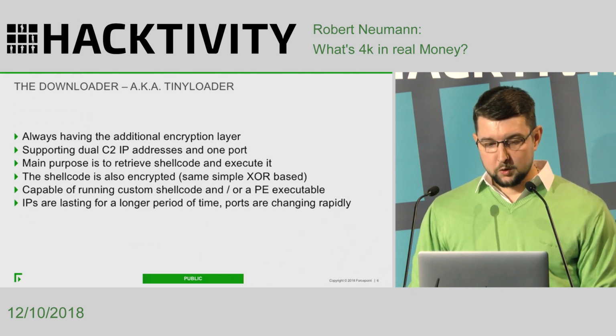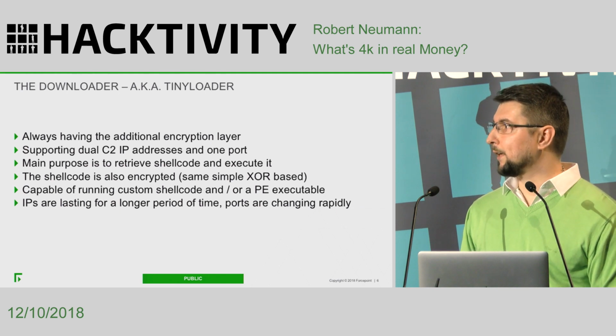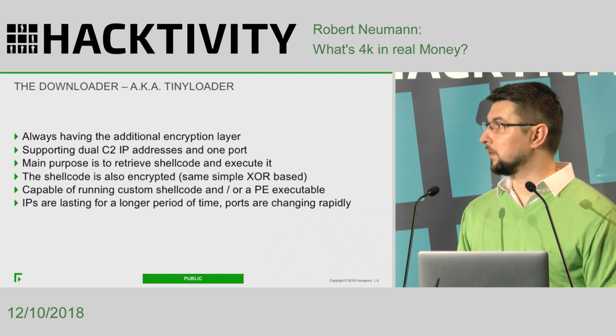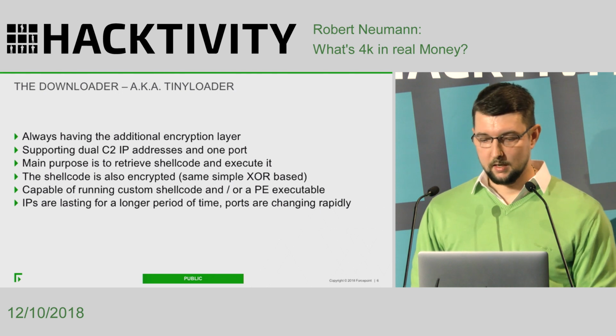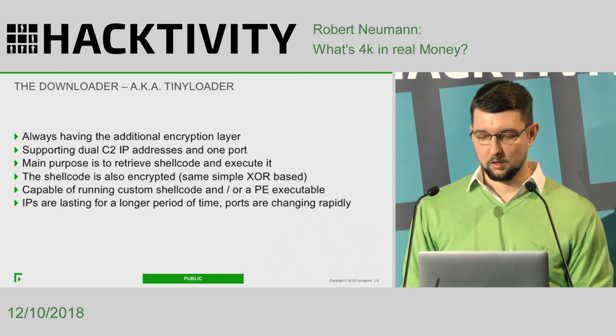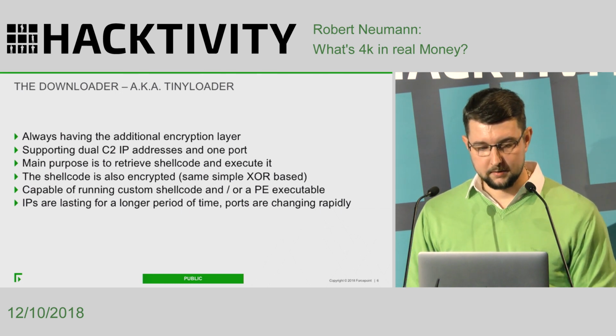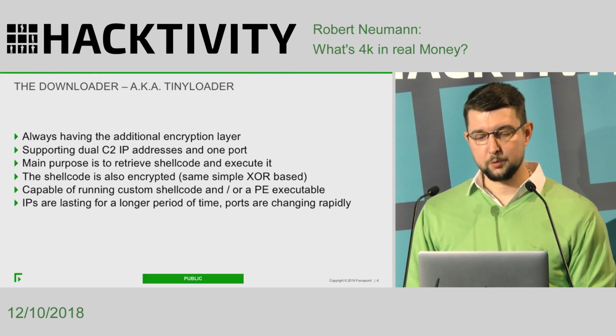So the first component, the downloader, I would like to refer to as a tiny loader, because that's also something from the past, and we are almost sure that this is the same family or a derivation of that one. The downloader always has an additional encryption layer.